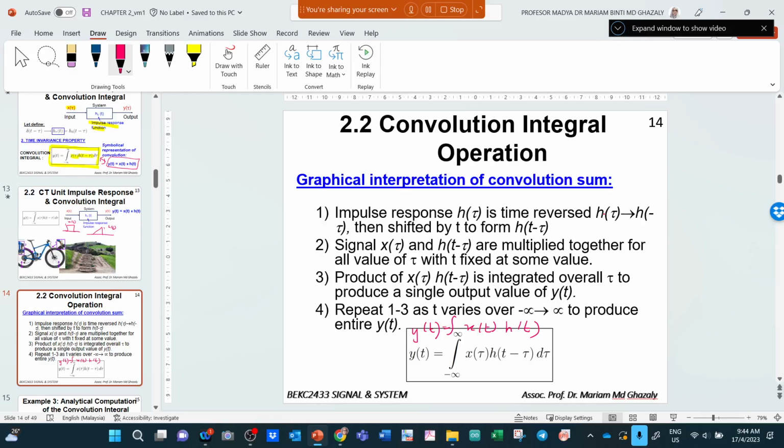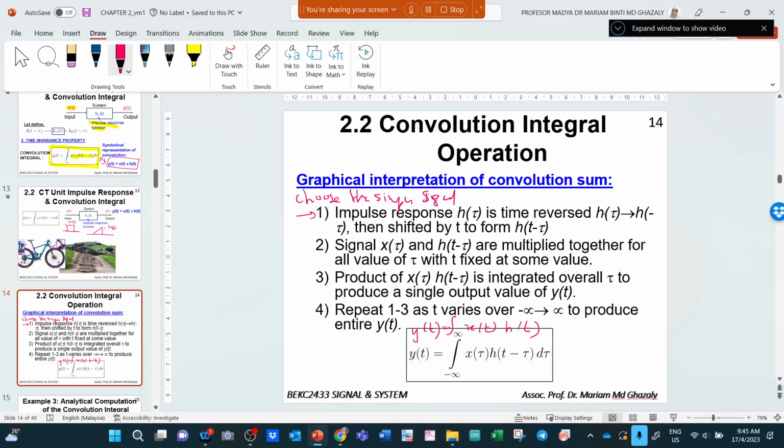This was the original in the previous slide. So what it means that, okay, first step sebelum nombor 1 ni, choose the simplest signal. Choose the simplest signal between those two signal. Between xt dengan ht, mana satu yang simple? It's your decision to choose.